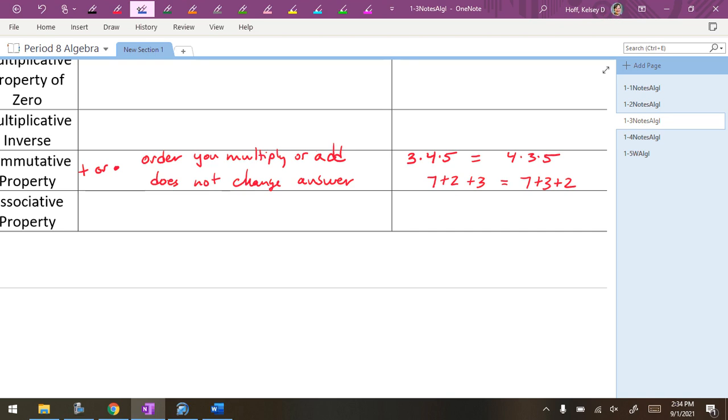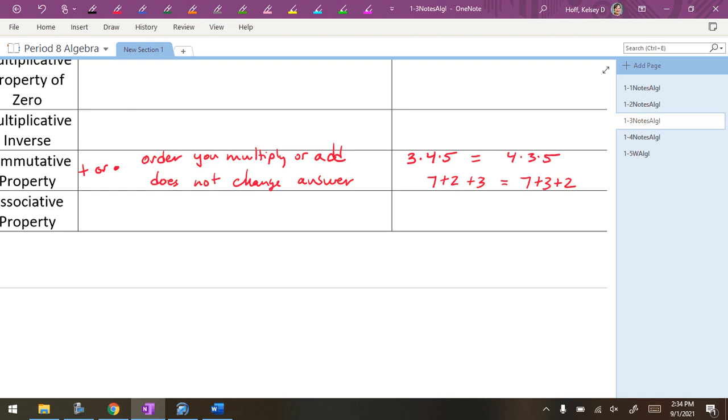Do you actually know the definition or you just recognize it? Okay, do you know what it is? Sophia. So when there's parentheses around the numbers. Associative has to deal with the parentheses.